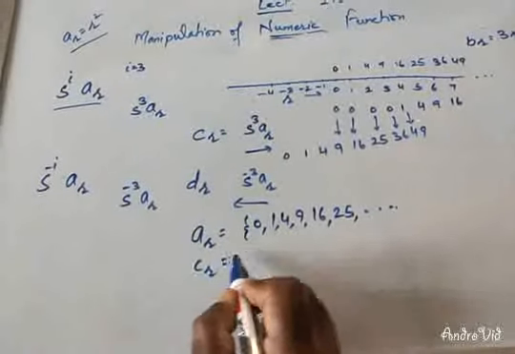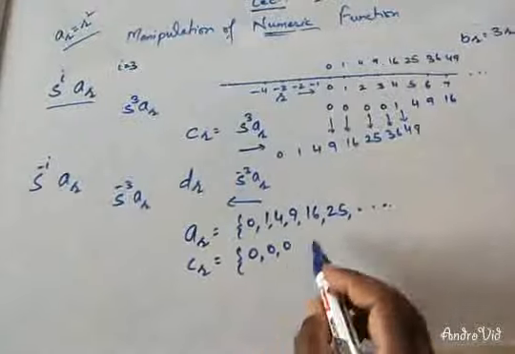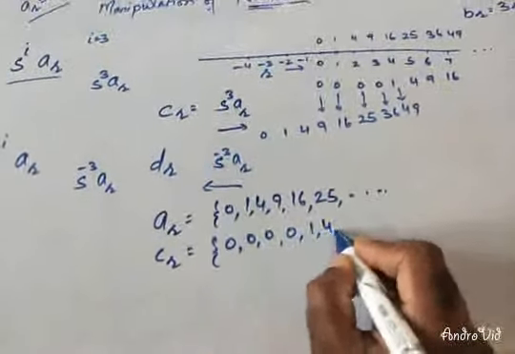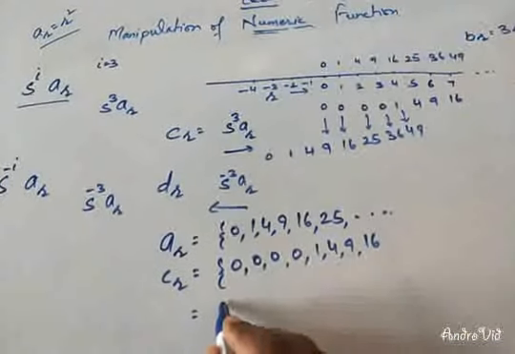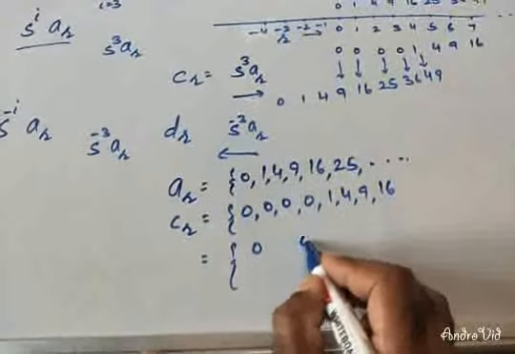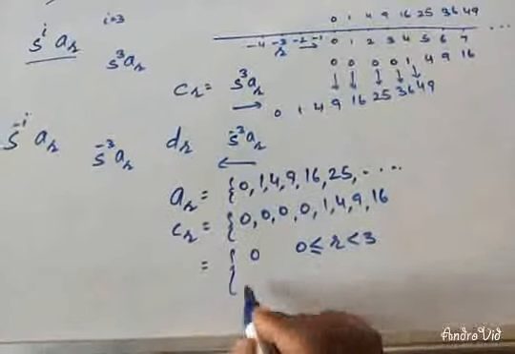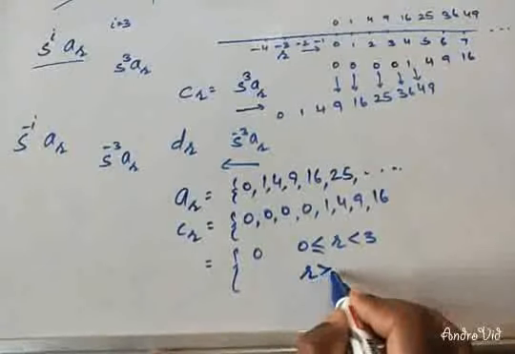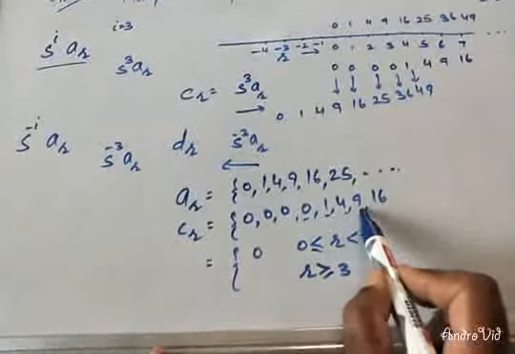CR will be having values 0, 0, 0 and values of AR, that will be 0, 1, 4, 9, 16. So we can denote that this is 0 for 0 less than equal to R less than 3, and for values of R which are greater than equal to 3, the value is 0, 1, 4, 9, 16.